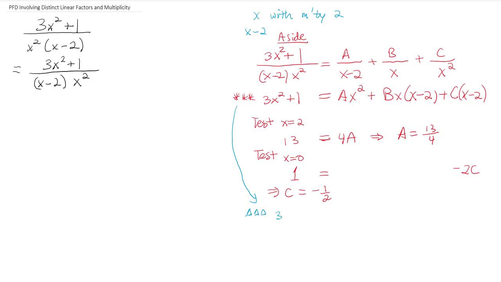Let's write that triple triangle equation as 3x squared plus 0 times x plus 1 is now equal to Ax squared plus Bx squared minus 2Bx plus Cx minus 2C.